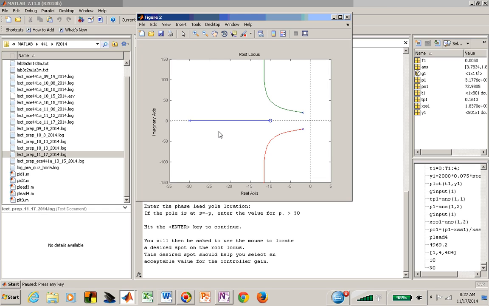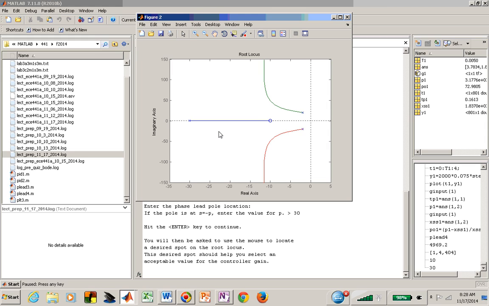And once you hit the enter key, it's going to execute a root locus find command, which is sort of like that graphical input. It now puts crosshairs on your root locus, and you get to pick where you want your poles to live when you hit your mouse button. It's going to say, oh, I want to be on this spot of the root locus for my closed loop poles, and it will tell you the gain to get you to that spot.